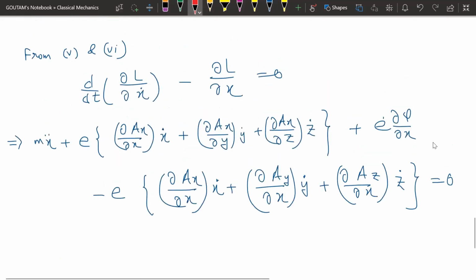So now these two terms will cancel, this term and this term.